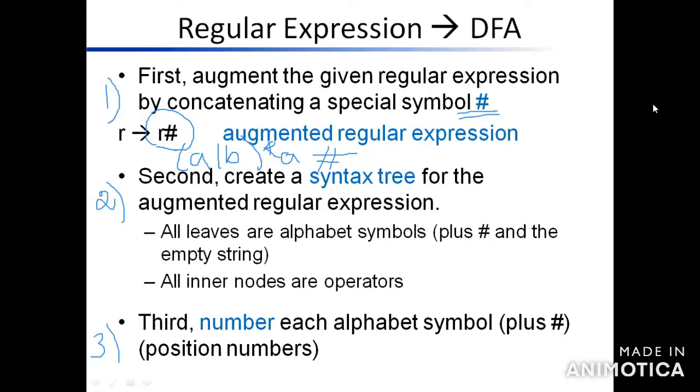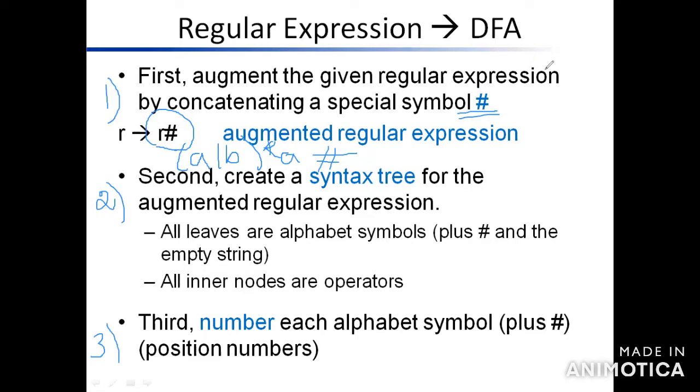Hash is also one type of symbol in the leaf nodes. Then the inner nodes are operators. What about the third thing? After constructing the syntax tree, you have to give a number to each leaf, that is a, b, c, and then the hash symbol, in the given syntax tree. Now it's clear.